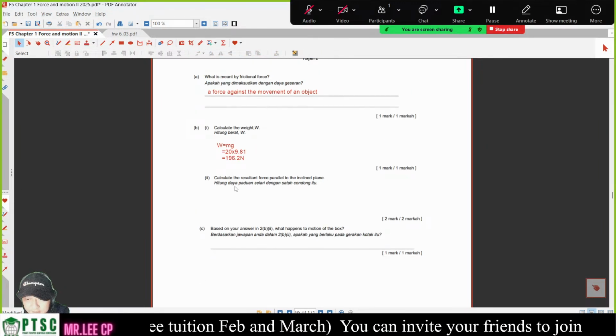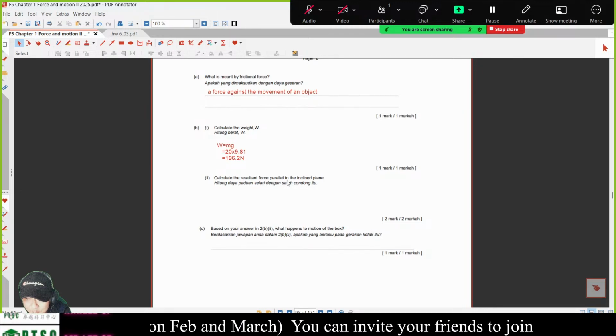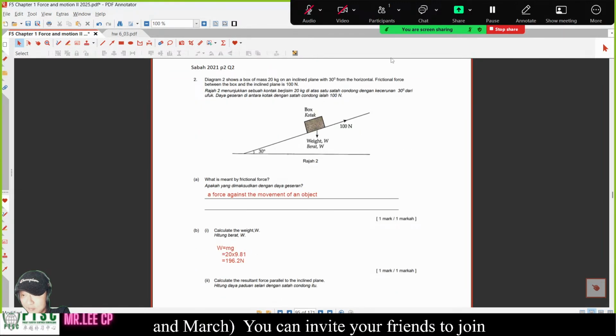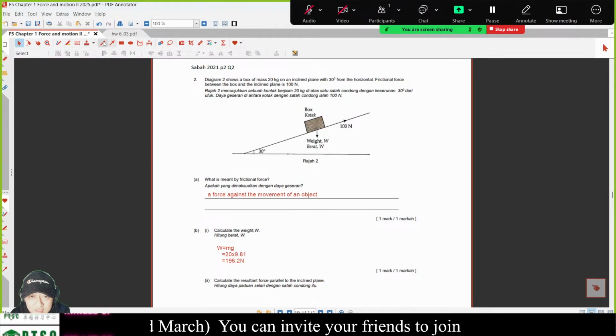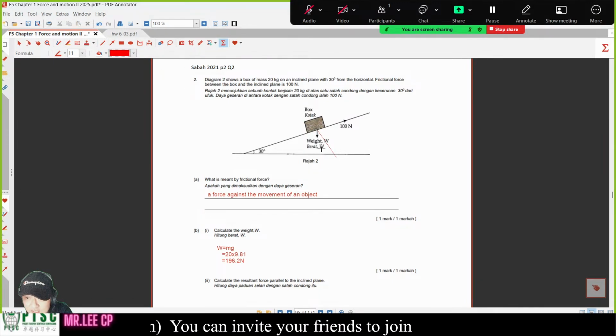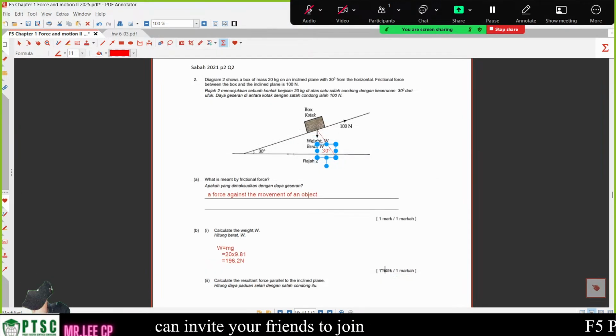Okay. Now, calculate the resultant force parallel to the inclined plane. So I need to draw this angle first. This is 30 degree. Right?